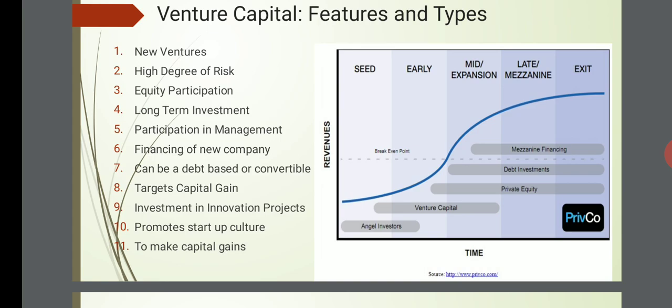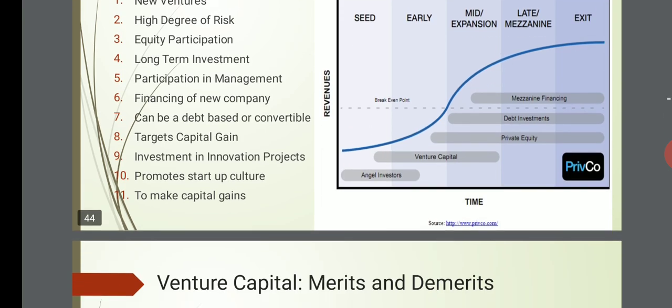The investors who are investing in seed, early, and mid expansion phase are known as venture capitalists. Then private equity is investing in early, mid expansion, late expansion, and exit, debt investments, and mezzanine financing. These are the 5 types of venture capital, investing in 5 different phases of a business.